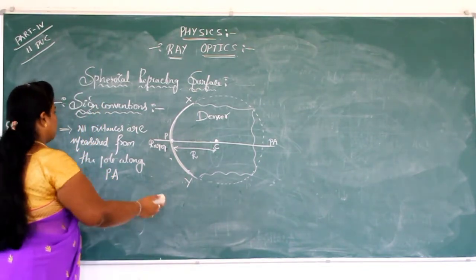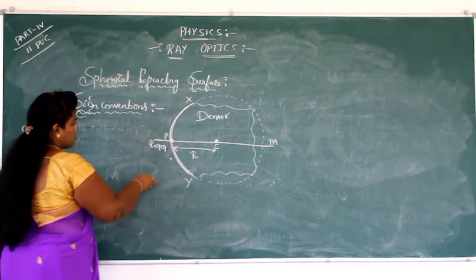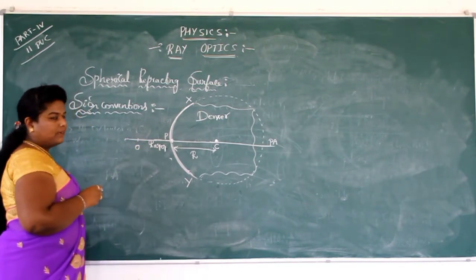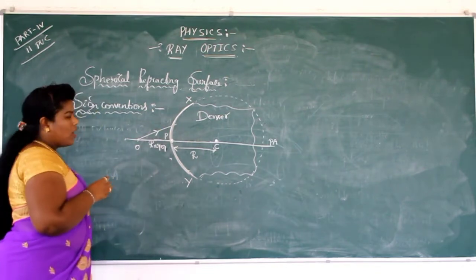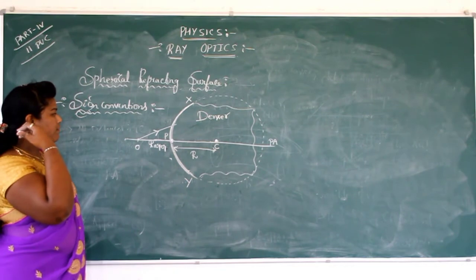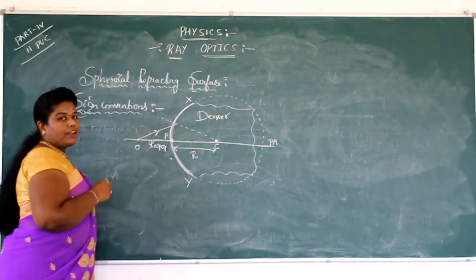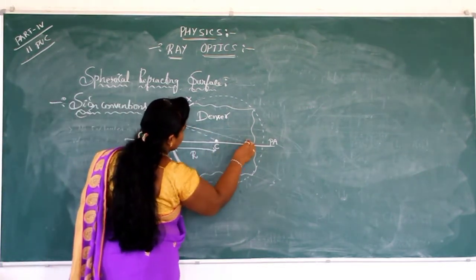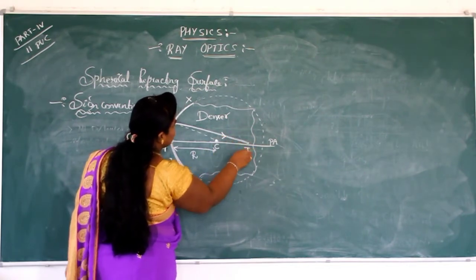I want to measure the object and the image distances. See, this was the first sign convention, so just remember that. Assume that the object is here now. The ray of light is going to be incident in this direction. After refraction, the ray of light is traveling from the rarer to the denser medium, so it shifts towards the normal and forms an image at this position.